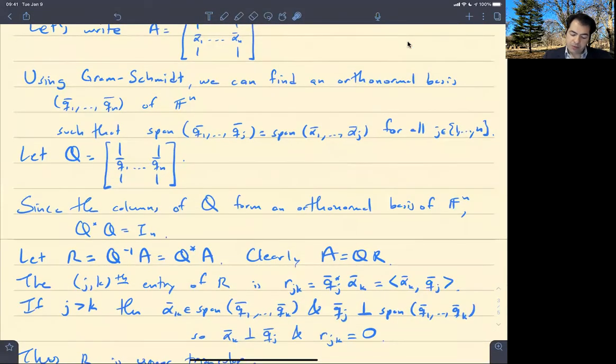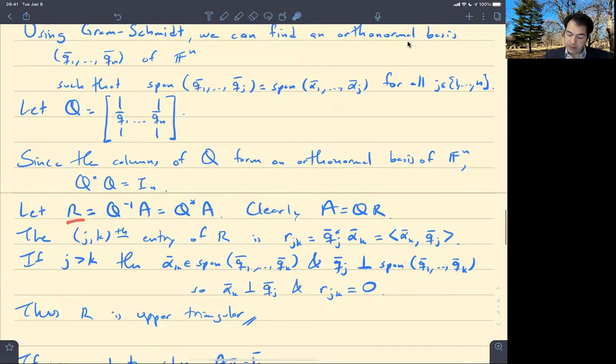Gram-Schmidt gave us these Qs, but notice that if I were to multiply some of the Qs by -1, or if we're working with complex numbers by any unit complex number, any complex number of unit modulus, then I'll still have an orthonormal basis, and it will still have this property. And so R will still be upper triangular.